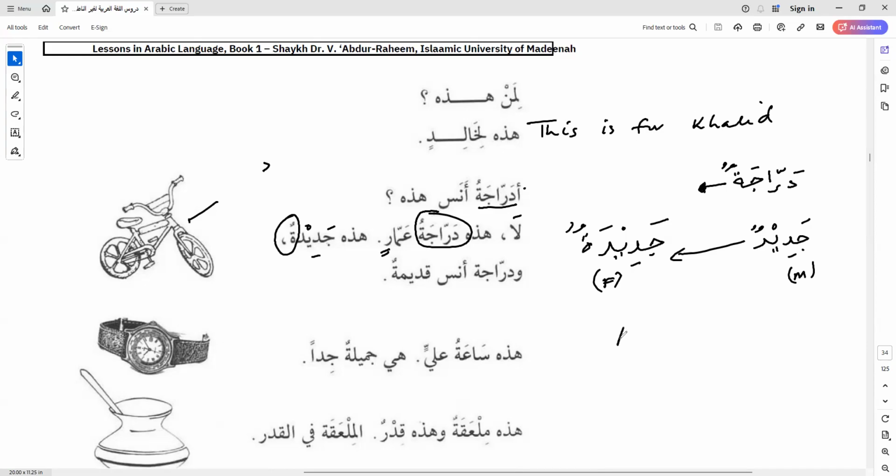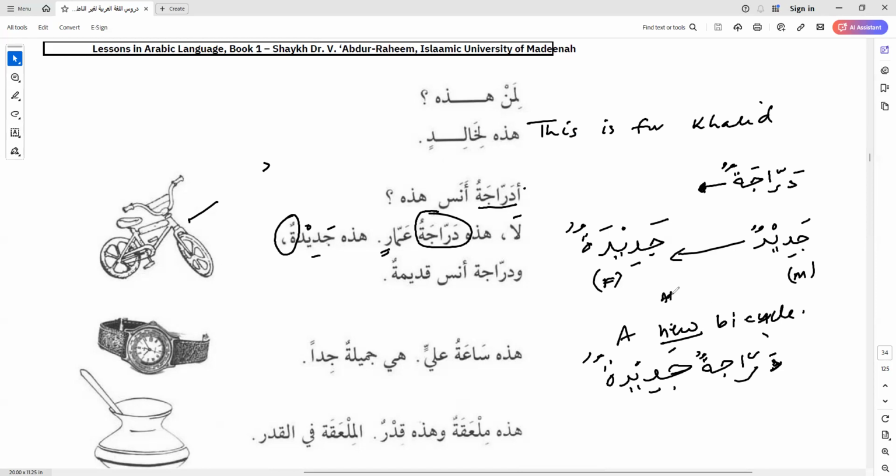So you want to say a new bicycle. You have to say darajatun jadidatun. Now remember again, in Arabic, we arrange a noun and the adjective differently. In English, the adjective comes first: a new bicycle.